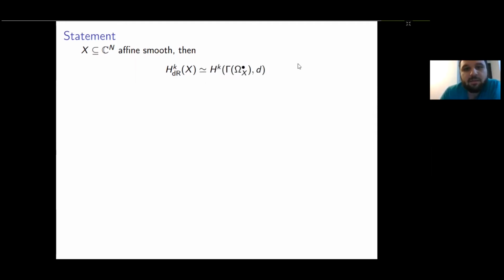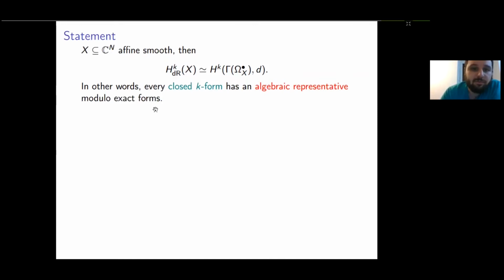This means that we can recover it as the cohomology group of the global sections of the sheaf of differential forms, but considering only the sheaf of algebraic differential forms. In other words, for every closed C-infinity form, we can always find an algebraic representative of this closed form, modulo exact forms.